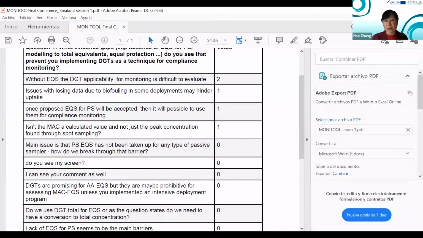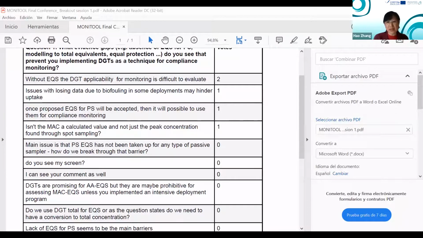The technical problem, of course, there's another breakout group. I'm sure there's lots of discussion about the details of the technique, and we have to make sure it's compatible and the data reliable. But as scientists, we can solve those problems.